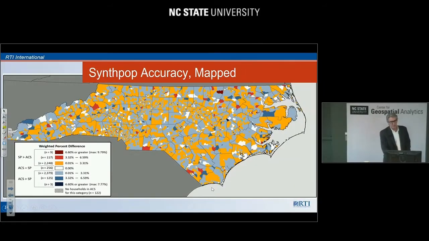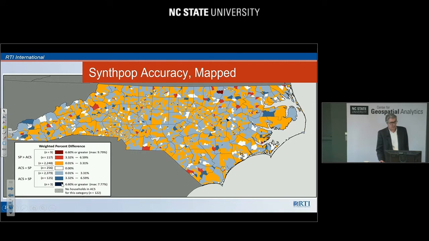Okay, and if we map the accuracy, just looking at places where we overshot or we undershot, these are what these maps show, and it's pretty good. The deep red shows where we got, and I'm not sure which variable this is, let's say it's householder age. We may have created a few extra elderly households than should have been there, but the worst case is 6% higher.